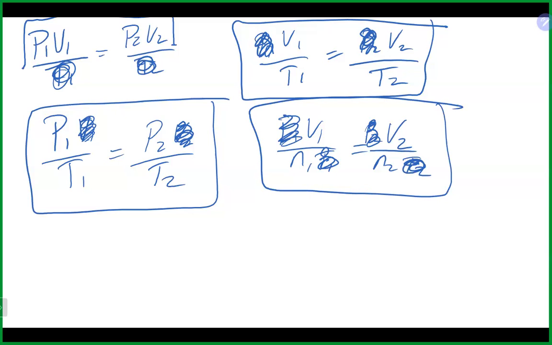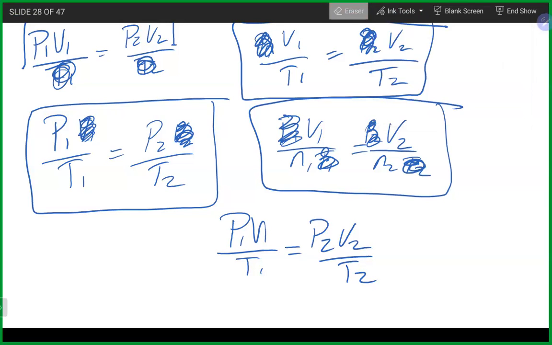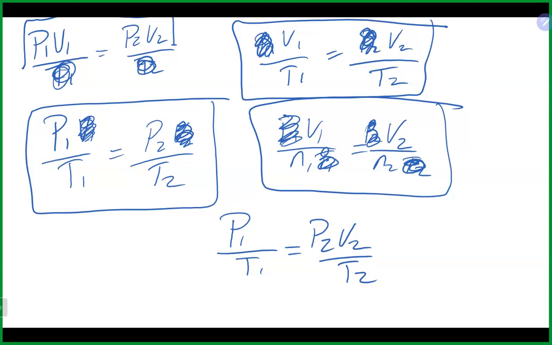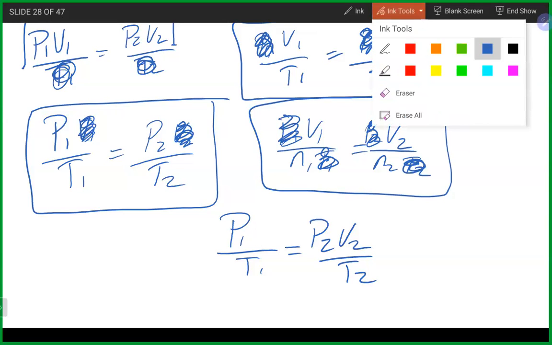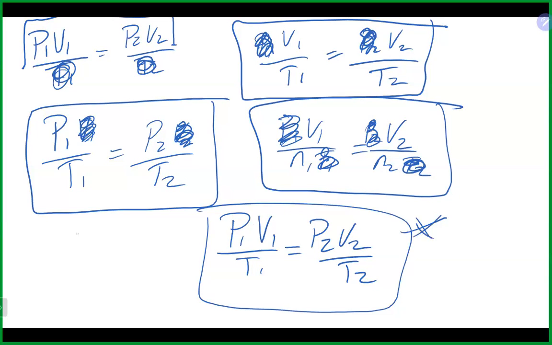So you can remember the combined gas law, and whatever is constant or not given to you, you just scratch it out and you'll have the gas law that you need.